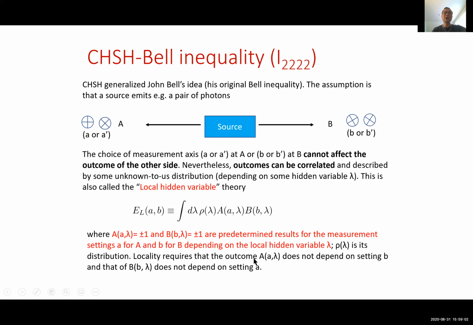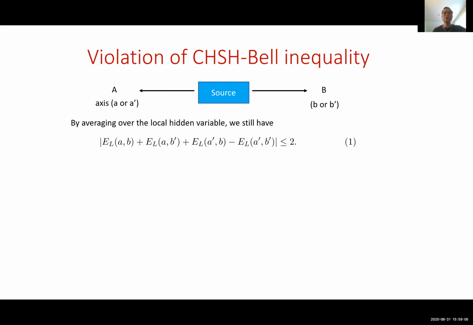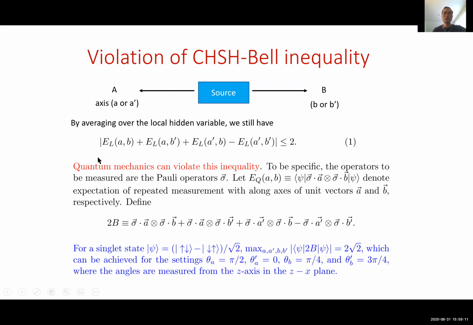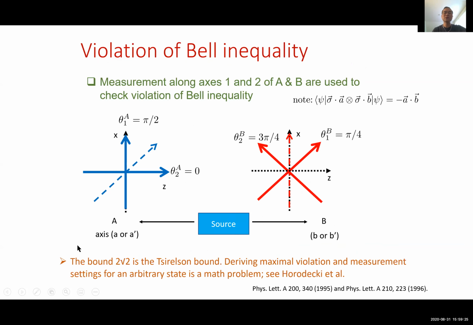But if it's quantum mechanics, next time we're going to show that this inequality is violated, and the maximum that we can have is 2 square root 2. We're going through the detail next time. I'm just previewing what comes next on Wednesday.